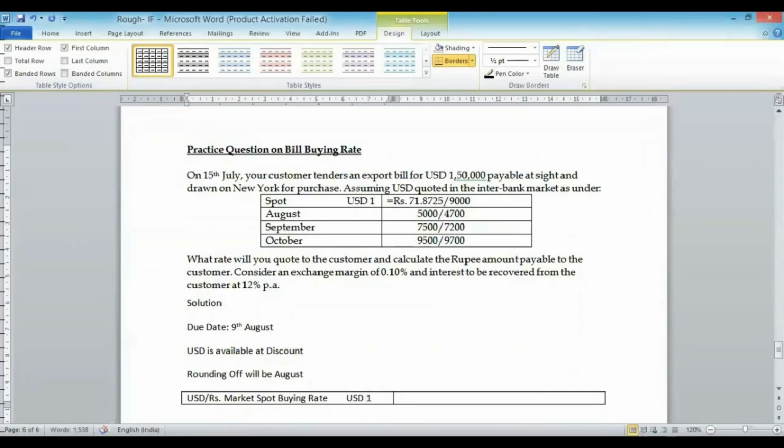USD 1 is equal to, as it is buying, so we have to take this rate 71.8725.